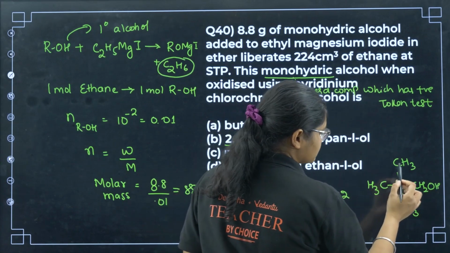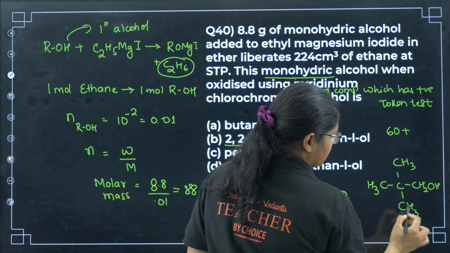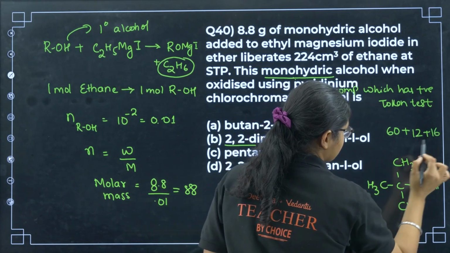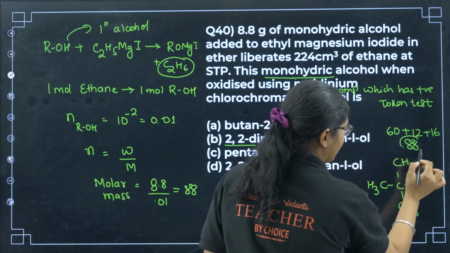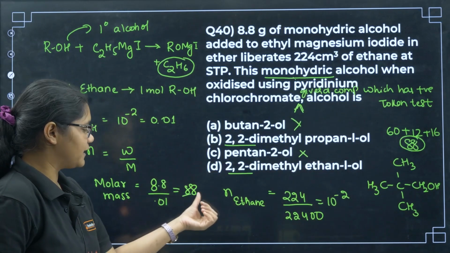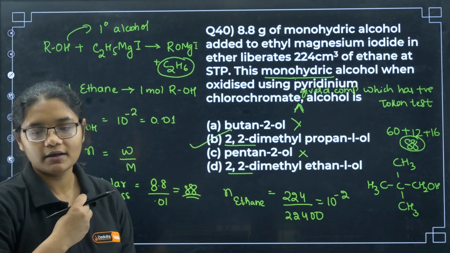Let's calculate the mass. 1 2 3 4 5, so 60 plus 12 plus 16. So this one gives me 88, and we also found that the molar mass in the question was 88, so the correct answer will be option B here.